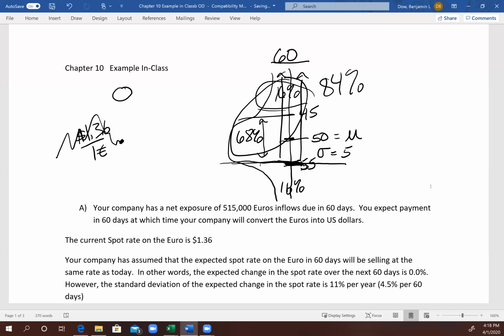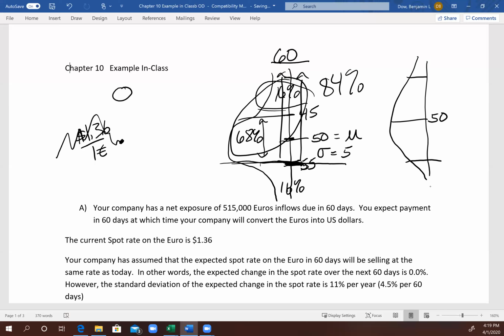Okay. So this is the big distinction that we need to make. Now, normally we think about 95%. And from your old stats class, when you talk about 95%, you're looking at plus or minus 2 standard deviations.